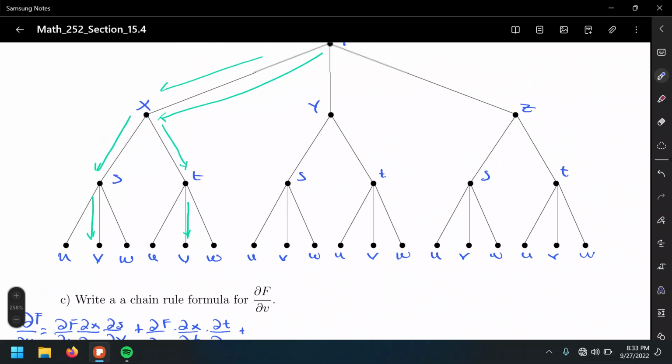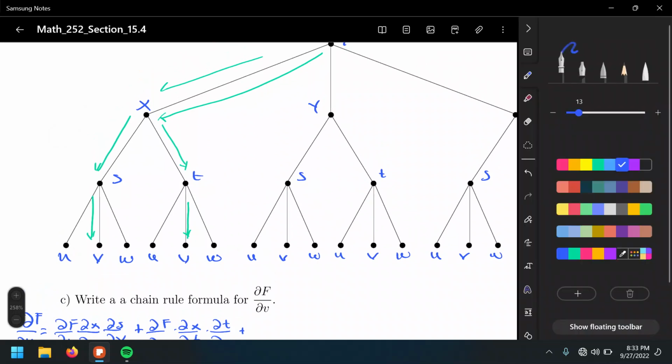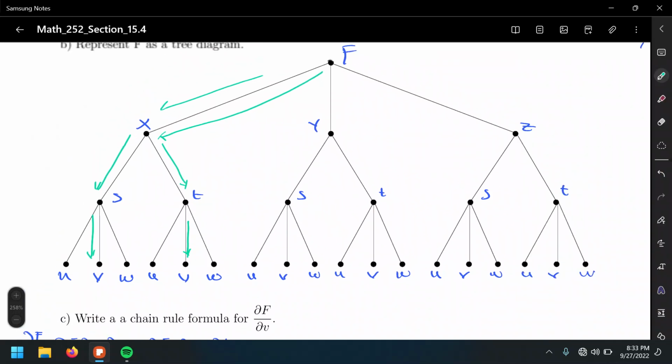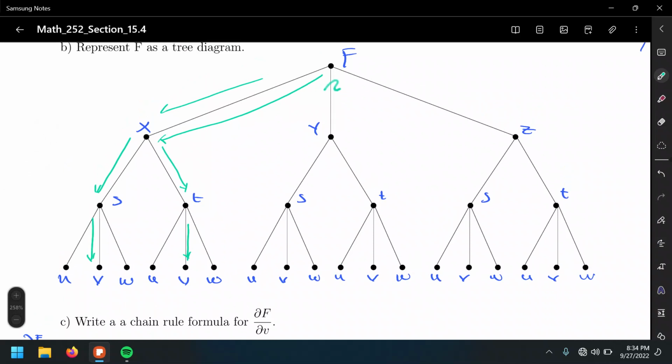Let's go to the middle ones, and explore the possibilities to go from f to v. So we can go from f to y, y to s, and s to v.